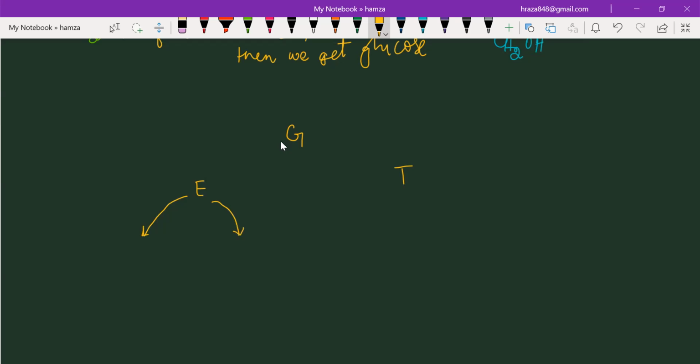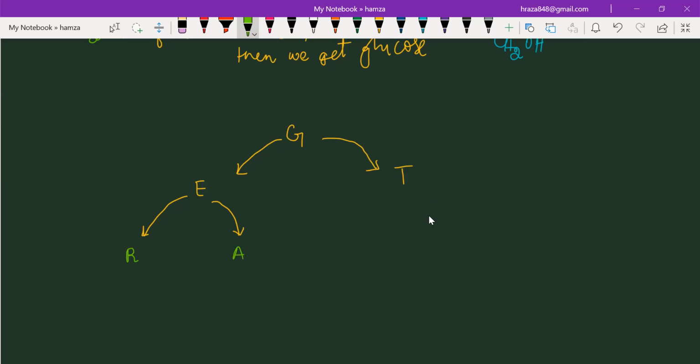G has two parts, this E and T. This has two parts. Again, this has two parts. That means basically there will be R and there will be A. And this will have two parts. T has two parts. This will be X and this will be L.